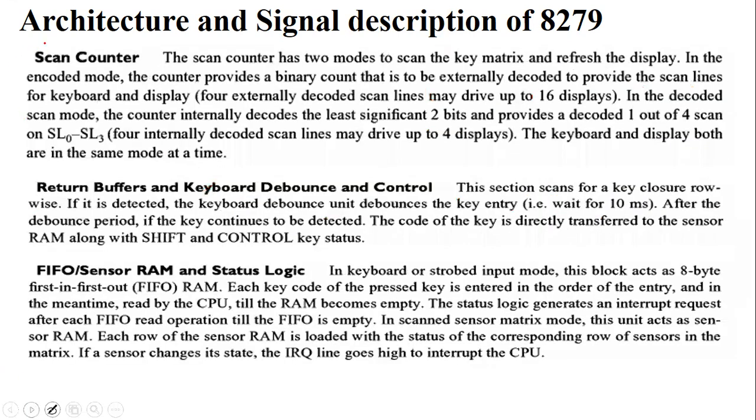You have the scan counter, which you have already seen. The lines are SL0 to SL3, four bits, 4 scan lines.